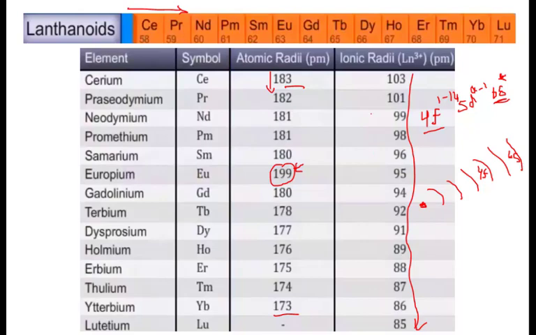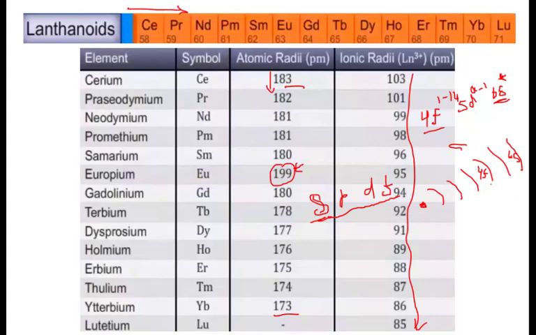As you know, among the subshells s, p, d, and f, what about their shielding effect? s has maximum shielding effect, p lesser, d lesser, and f has the poorest shielding effect.